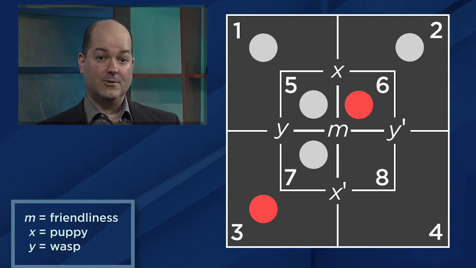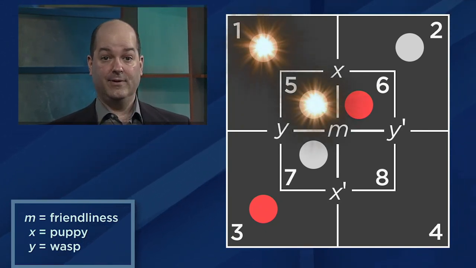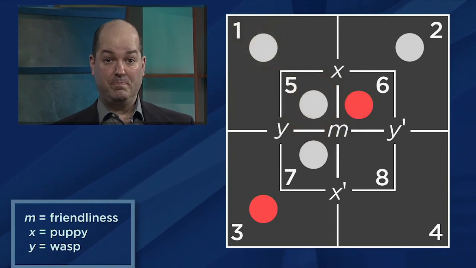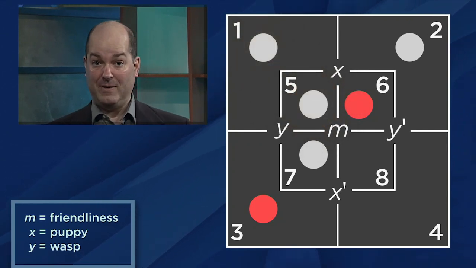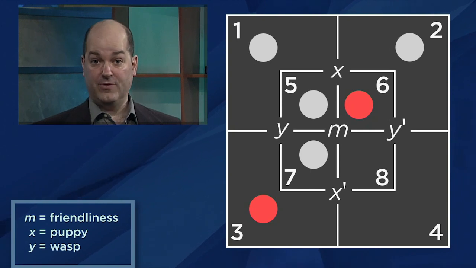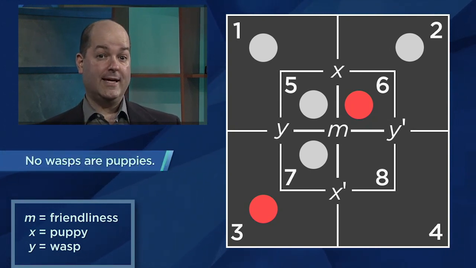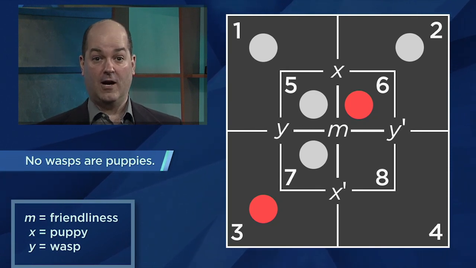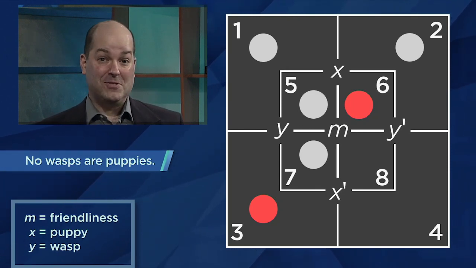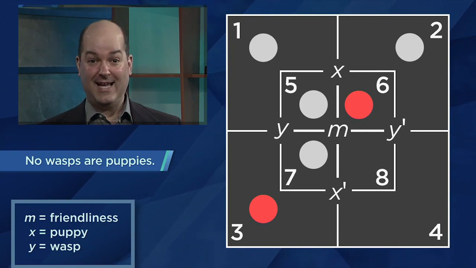Look at the gray counters in regions 1 and 5. If there were anything that was both a wasp and a puppy, then it would be found in one of those regions. Since both of those regions are empty, we can conclude that no wasps are puppies. It's not the most surprising conclusion in the world, but it's nice to know it's certified by logic.